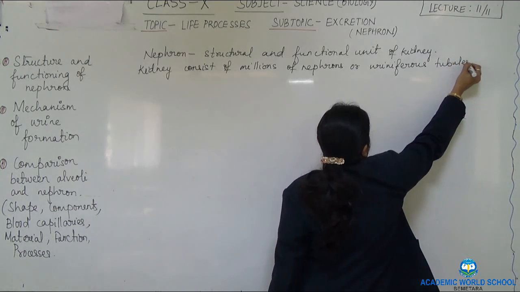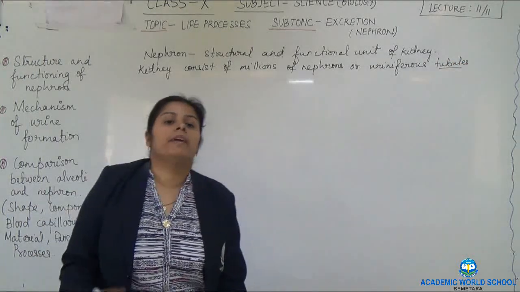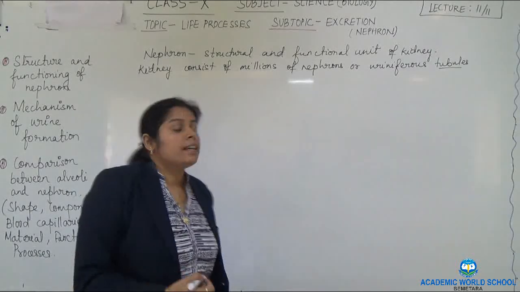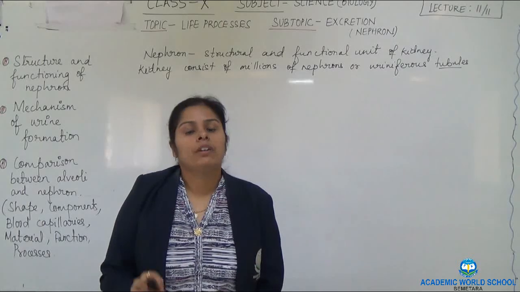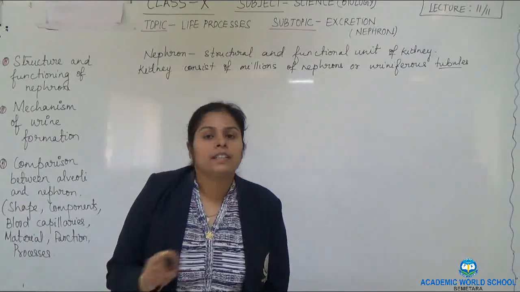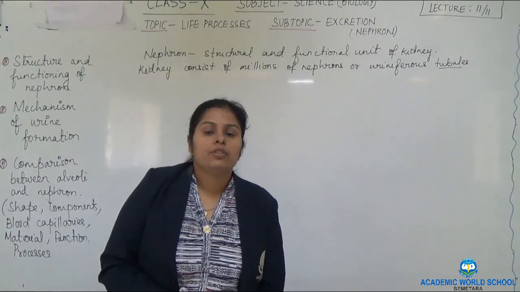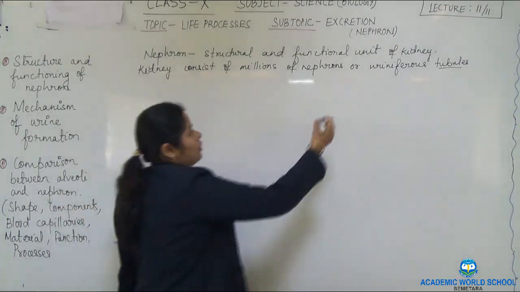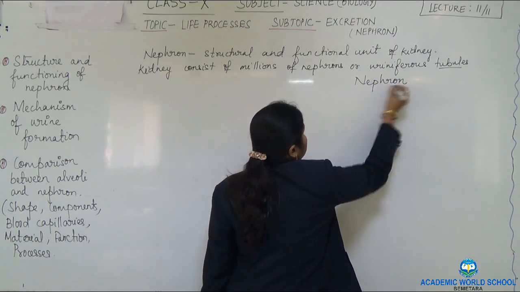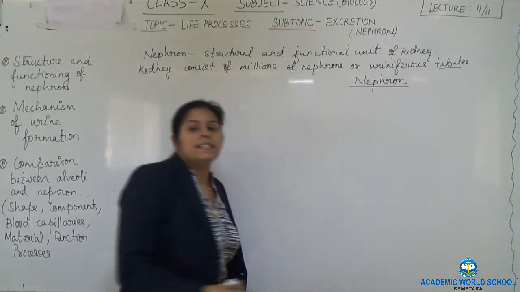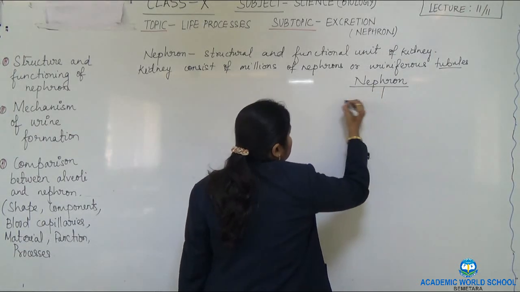From the name itself we understand tubules means it might be consisting of many kinds of tubes, right? So first we'll see how does a typical nephron look like, and then we'll see what are the various components that are present inside the nephron. This nephron, which we understand as the structural and functional unit, comprises of two parts.